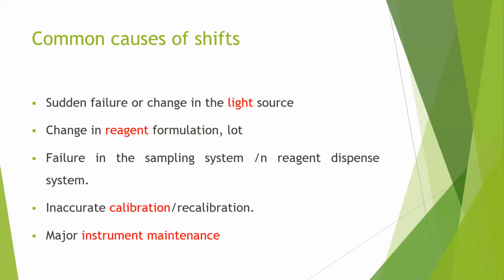It just happens because of causes like a sudden failure or a change in the light source. There's a change in the reagent formulation, or a change in the lot of the reagent which may not be satisfactory. There could be a failure in the sampling system, or samples not being picked up or aspirated correctly, or a reagent dispensing system, something wrong in the probes or the pipettes or the pistons which are responsible for dispensing the reagent in the reaction cuvettes, or there is inaccurate calibration or inaccurate recalibration, or a major instrument maintenance.